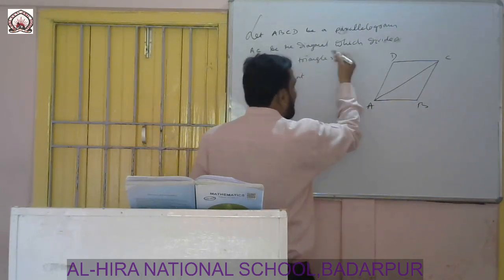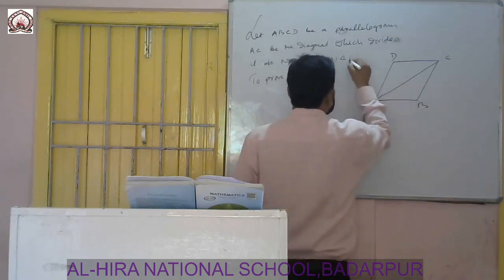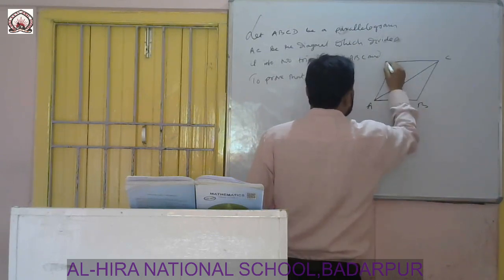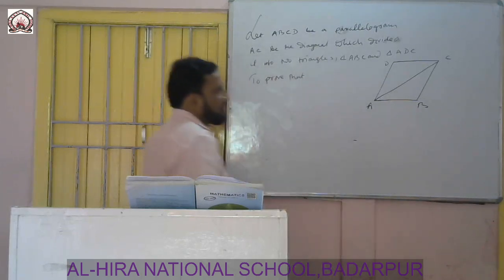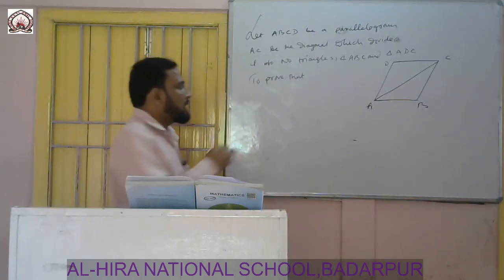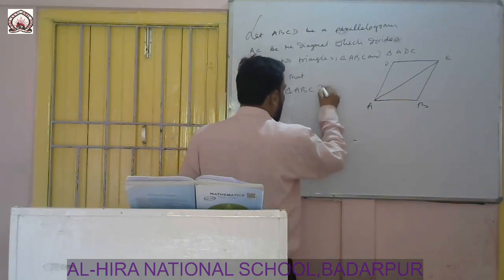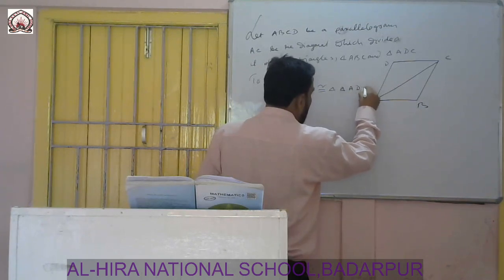To prove that the 2 triangles, give the names triangle ABC and triangle ADC. Now we have to prove that triangle ABC is congruent to triangle ADC.